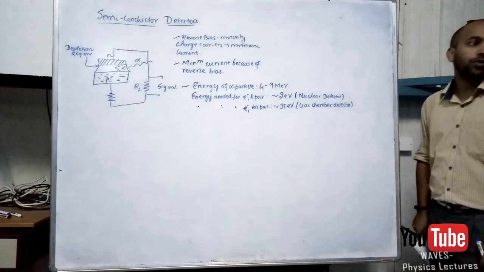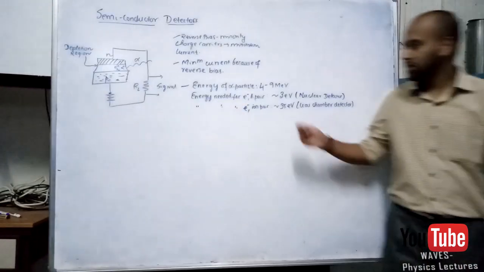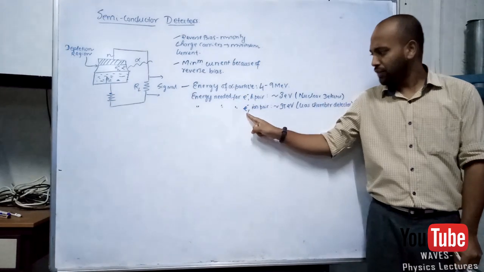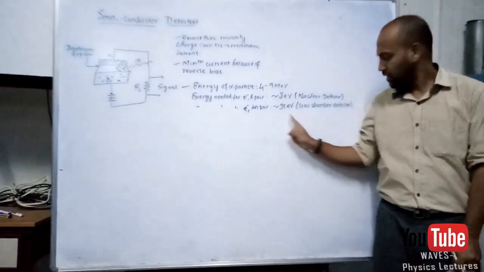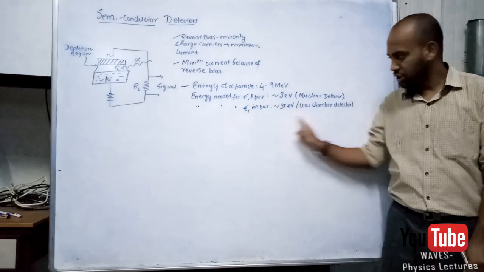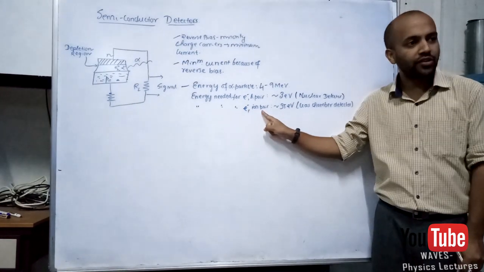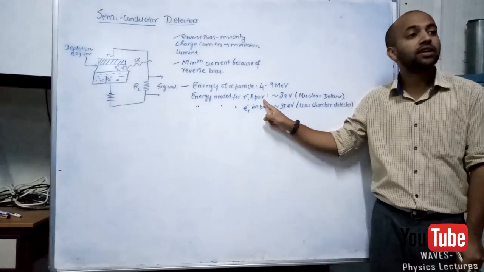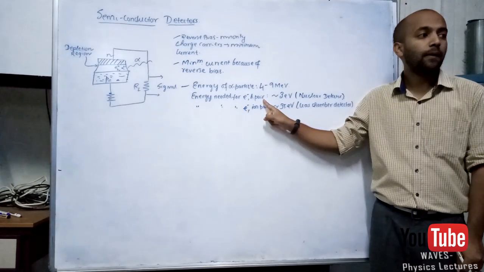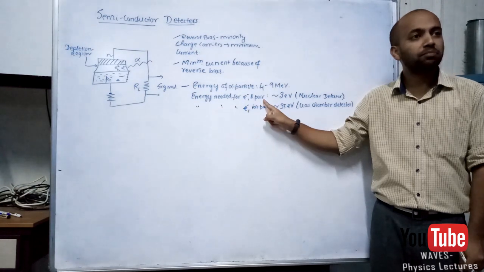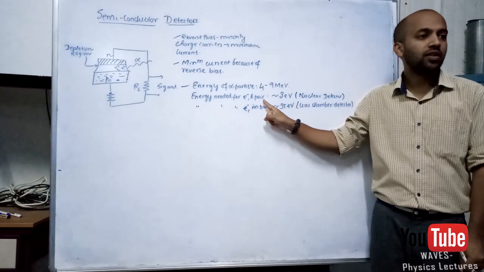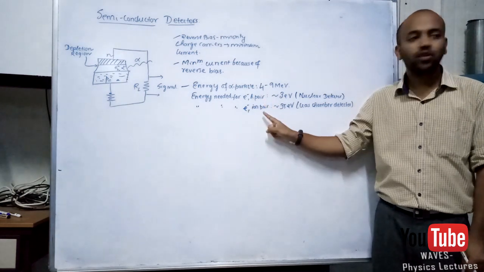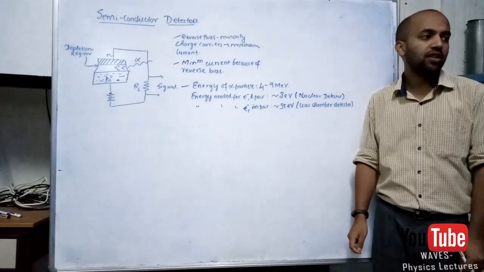Ten times more. That means for the same alpha particle, in a gas chamber, which is the basis of detection of nuclear radiation, you are going to get 10 times fewer pairs than the electron hole pairs in semiconductors. That means this is much more sensitive, and we need sensitive instruments. So that's one of the major advantages.